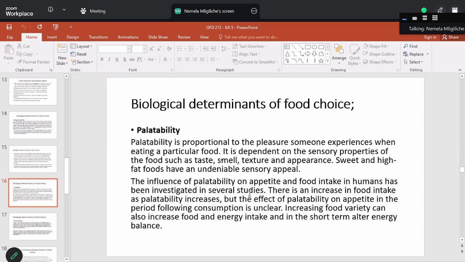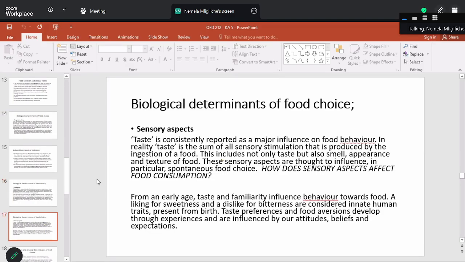Taste, smell, texture, appearance, all those influence food palatability. Each sensory aspect affects the palatability and overall consumption of food differently. So it depends.